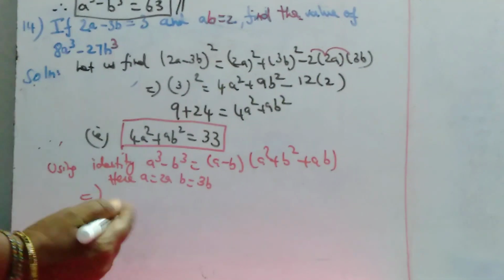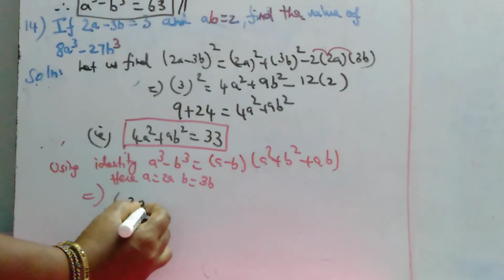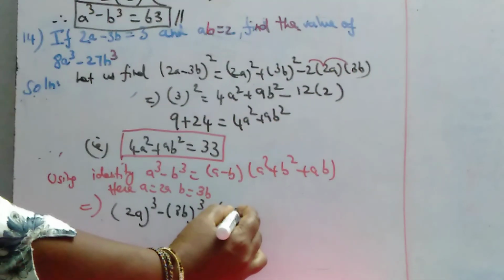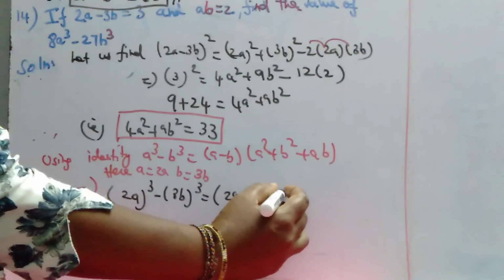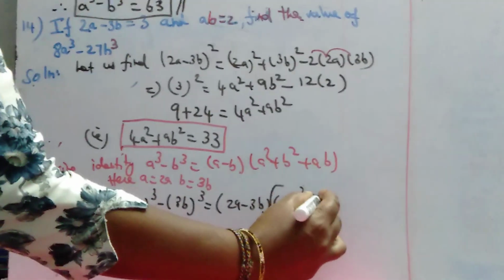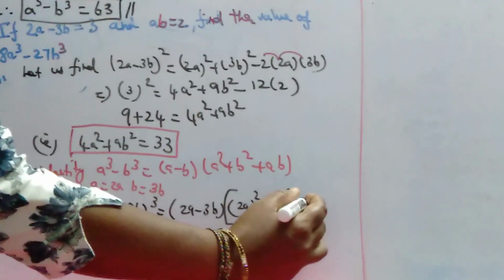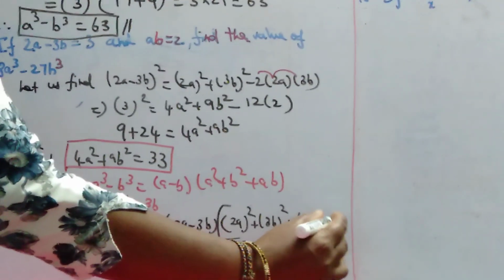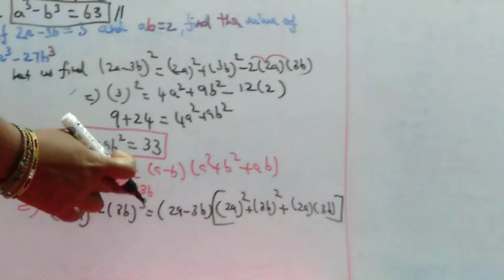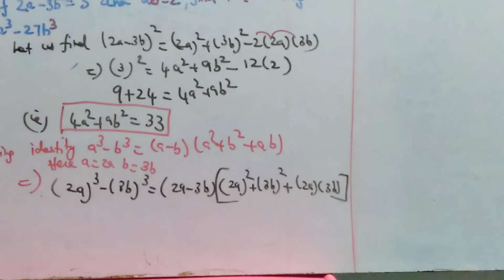So which implies 2a cube minus 3b cube equals 2a minus 3b into 2a square plus 3b square plus 2a into 3b, right? Using the identity, we are substituting a here as 2a and b here as 3b as per the given question.